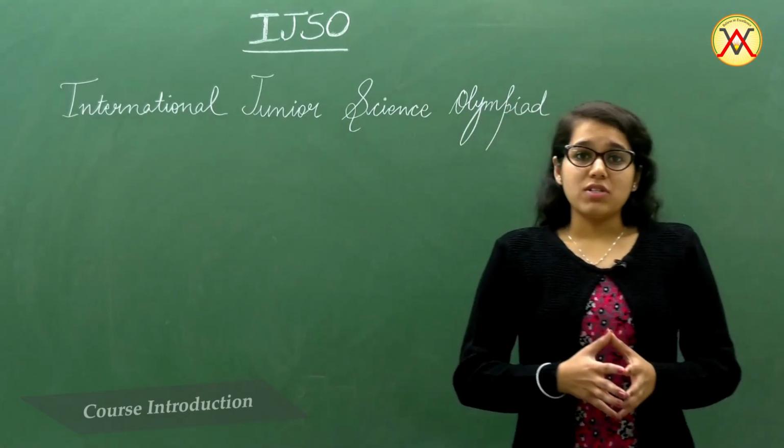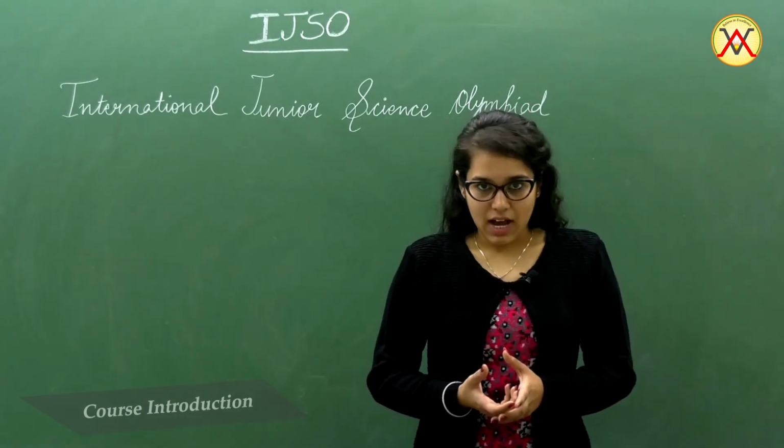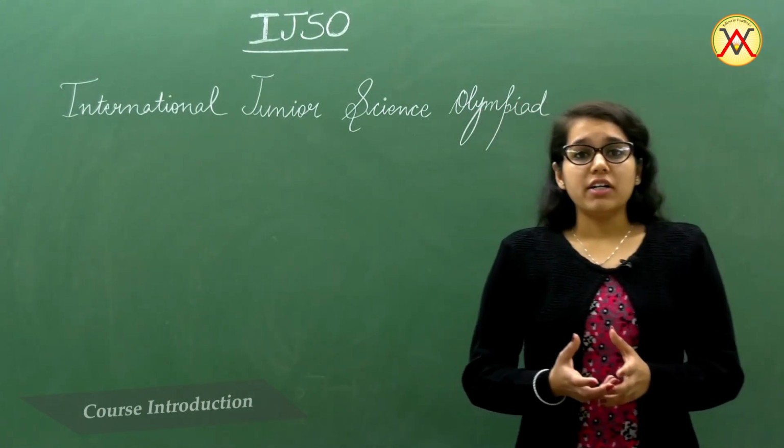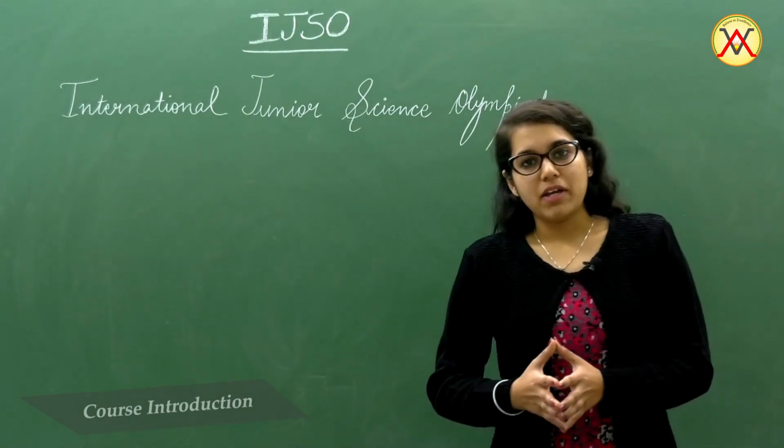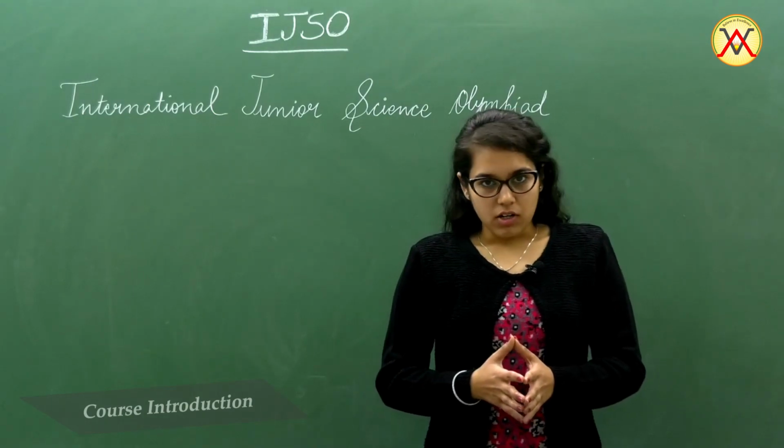So one of the major objectives of IJSO is to develop experimental analysis. They want to furnish the theory, along with the experiments conducted at the school level, and for that they are organizing this Olympiad.